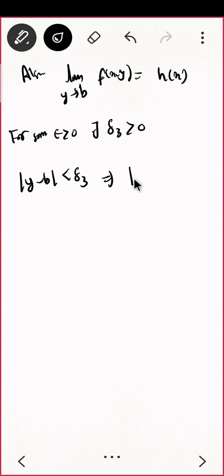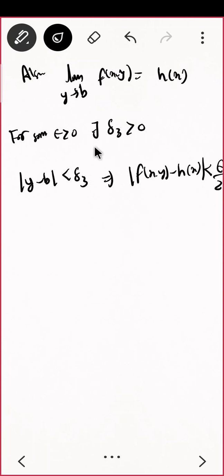This should imply mod of f of x, y minus h of x is less than epsilon by 2. Do you agree? So we have 3 epsilon-delta definitions, correct?